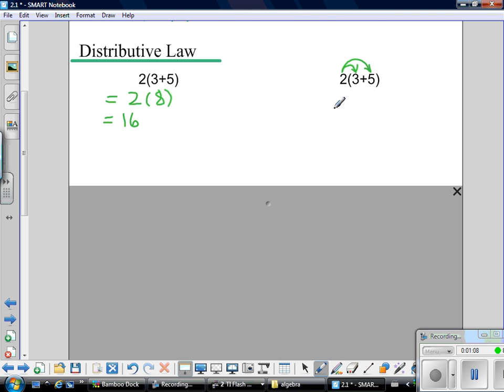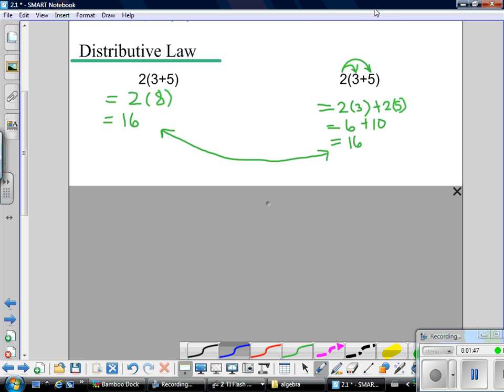So I'm literally going to times that 3, and plus, because there's a plus sign, 2 times the 5. And when we do that, we end up with 2 times 3, 6, and 2 times 5 is 10. Add those together, I get 16. And notice that both answers are identical. Okay, so this is called the distributive law, this part right here.